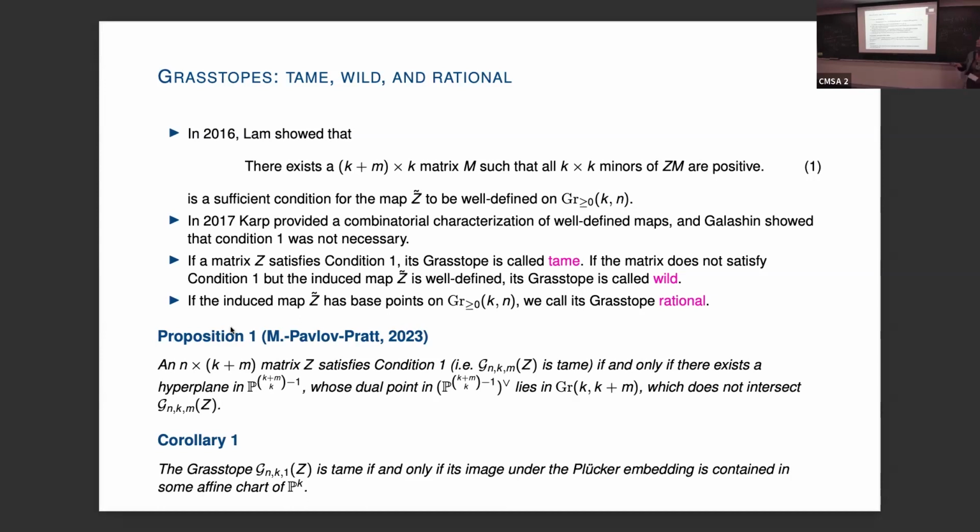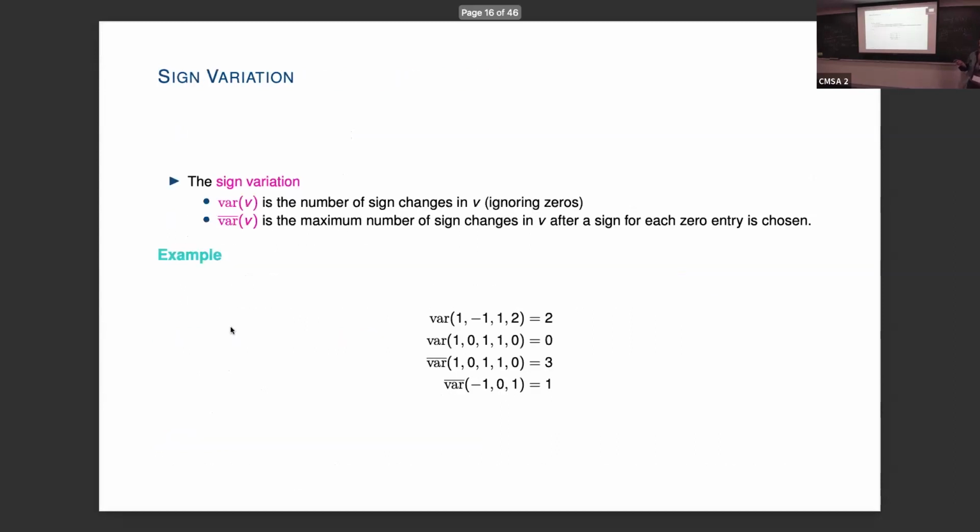All right. So now I'll give another definition, the sign variation. If we have some vector v, we call the variation of v var v, the number of sign changes in v. So here we have 1, -1, 1, 2. This changes sign twice, from plus to minus and then to plus again. And we ignore zeros. So var of 1, 0, 1, 1, 0 is 0 because it just doesn't change sign.